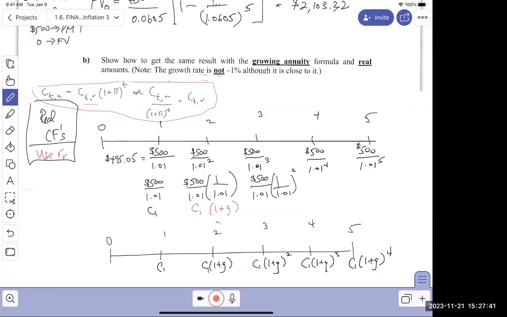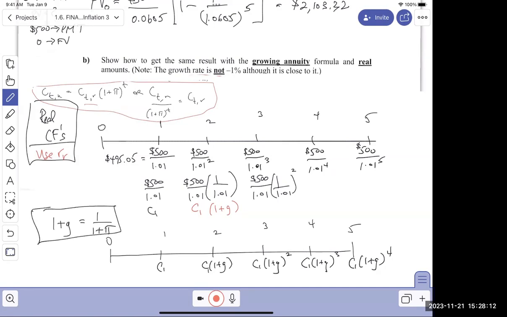Our third formula looks like: 1 plus g is equal to 1 over 1 plus pi.